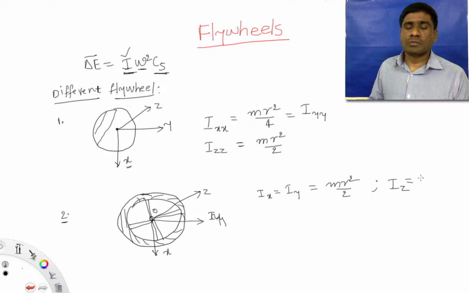That means it's 2 times of m r square by 2, that means m r square. So this is equivalent to the moment of inertia of a ring.